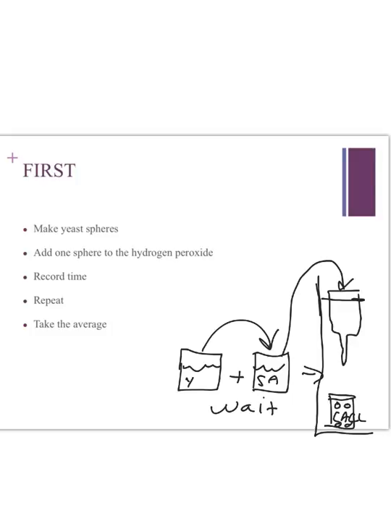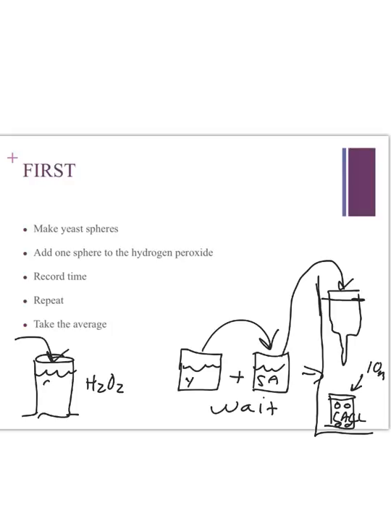Once you've made your yeast spheres, you normally would wait about 10 minutes for them to sit in the calcium chloride. You rinse them out, and then you're going to take your graduated cylinder and put your hydrogen peroxide into it.